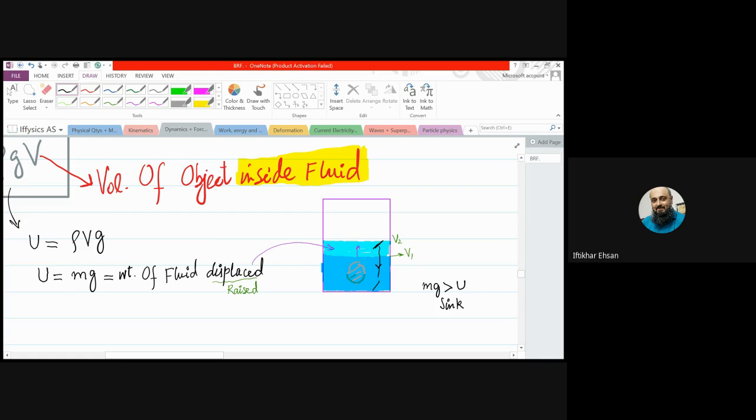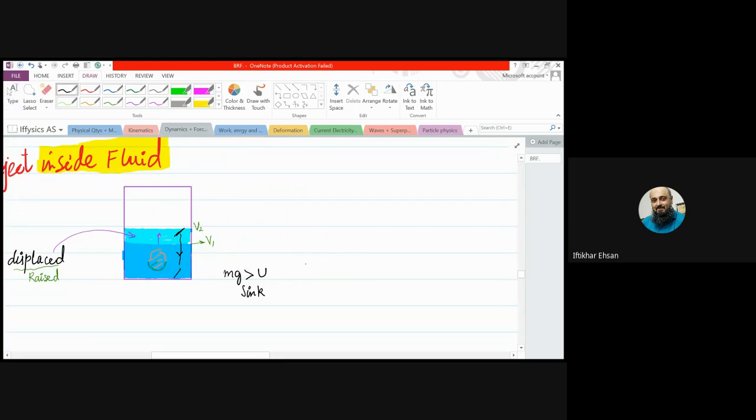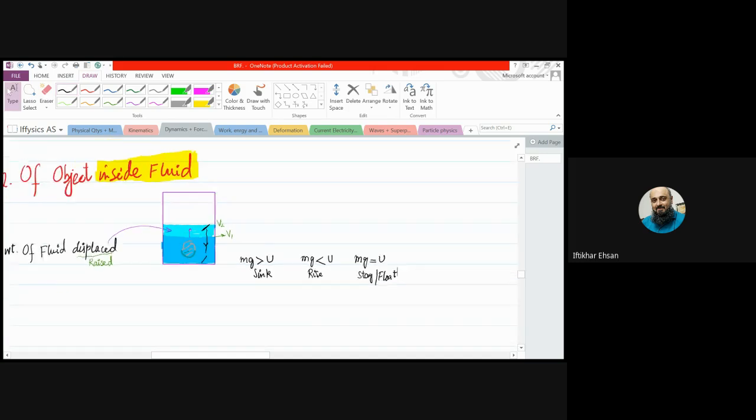And the materials or objects which have upthrust larger than their weight, they rise. And material which has weight equal to upthrust stays where it is, or simply floats at the same position. Right, beta? Yes, sir.